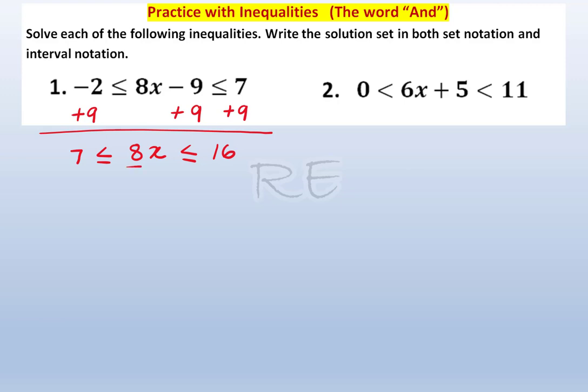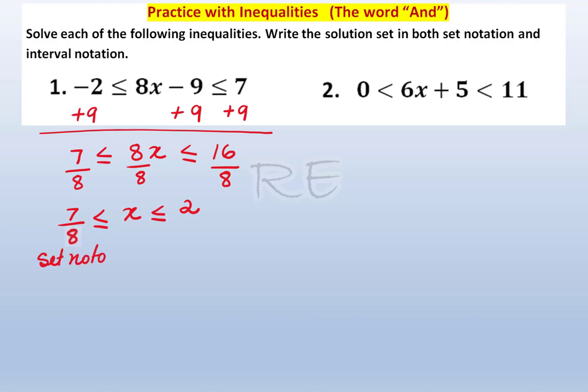Then we're going to divide all three sides by 8. We obtain 7/8 less than or equal to x less than or equal to 16/8, which is 2.